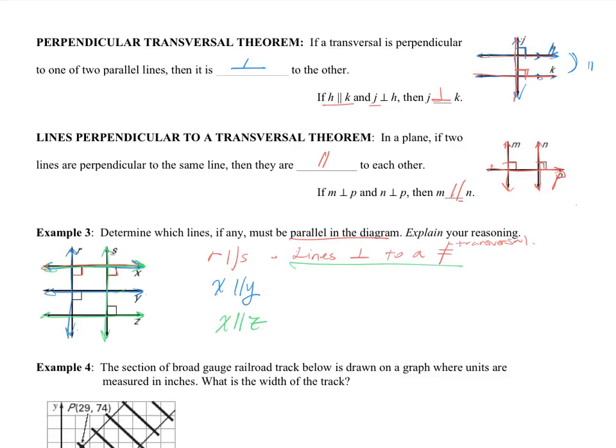And because X is parallel to Y and X is also parallel to Z, by the transitive property of parallel lines, we can say that Y is also parallel to Z. So I'm going to write by the transitive property of parallel lines.